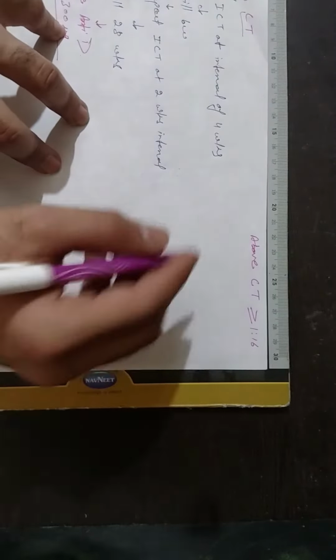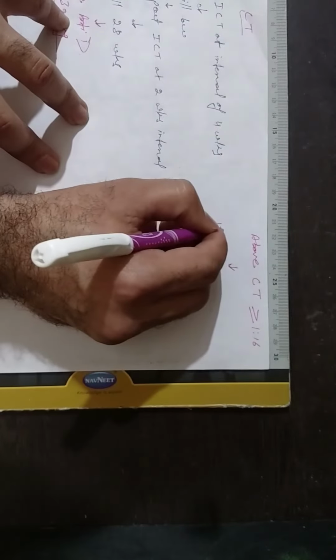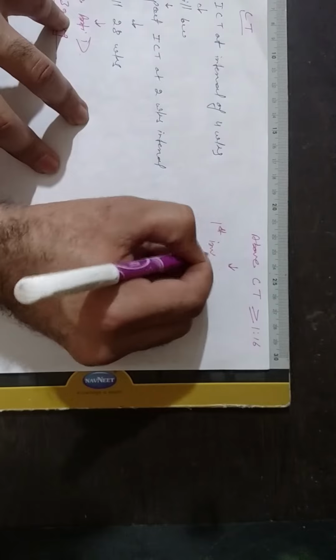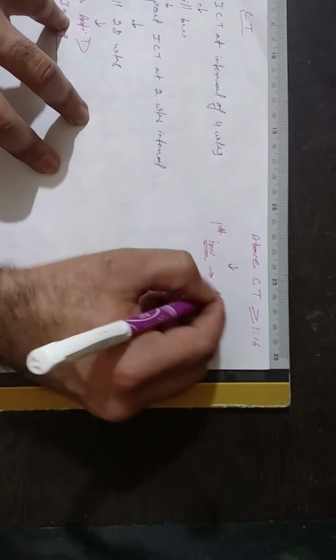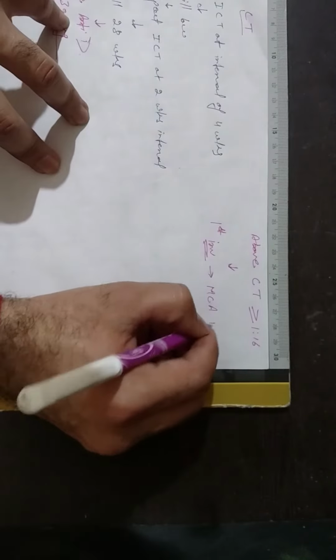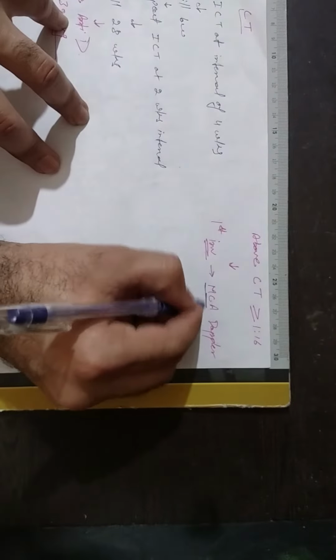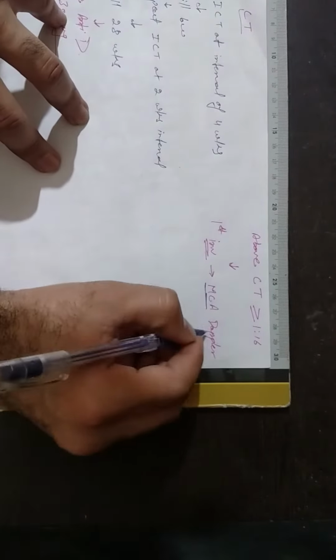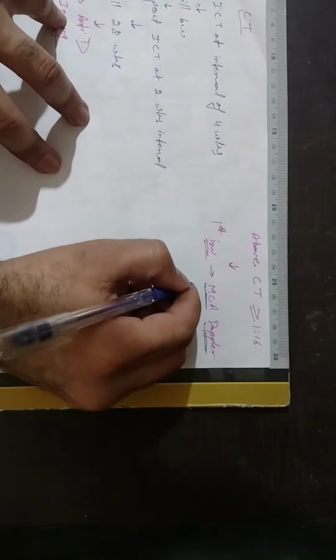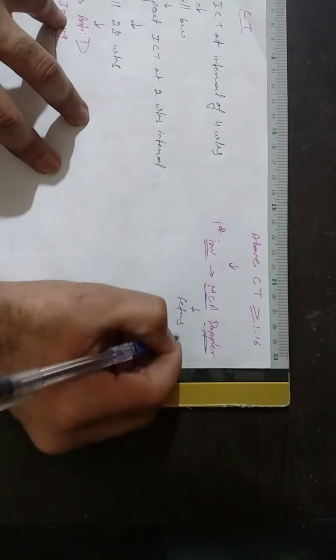To check that, first investigation we do is MCA Doppler. MCA Doppler means middle cerebral artery Doppler. Of whom? Mother or baby? Of course, fetus.